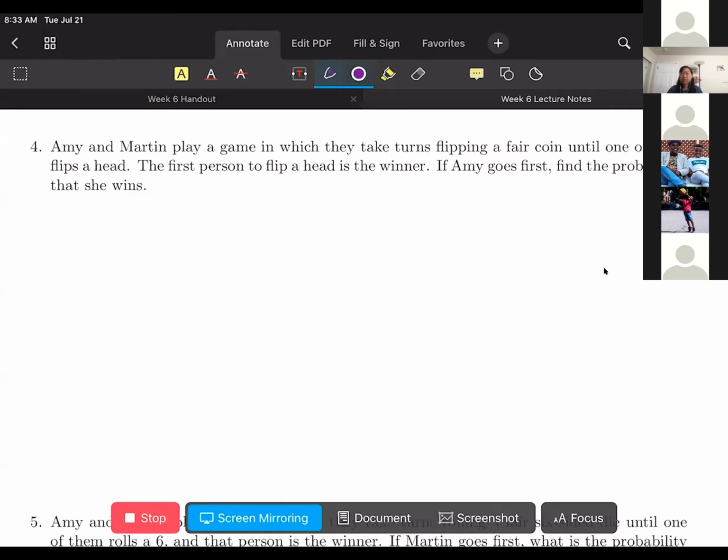Then we can take the total probability as a variable, for example, P, and we can say that the probability that Martin wins is half P. So we get P plus half P is equal to 1. Then we can add up and find the probability of Amy winning if she goes first.